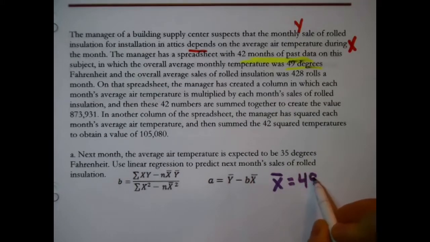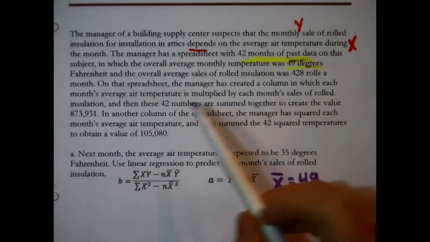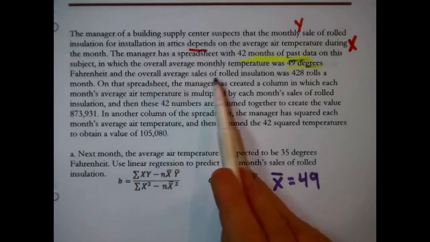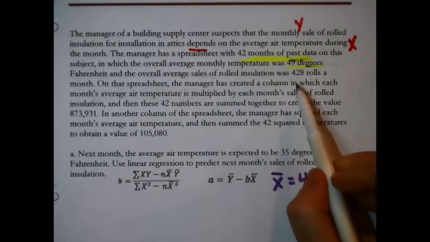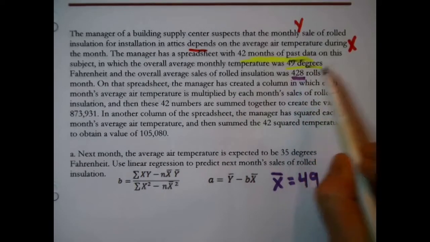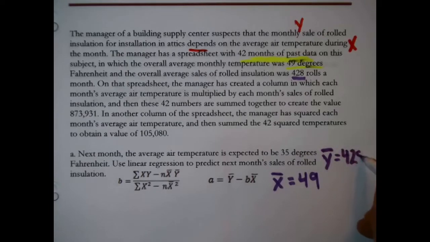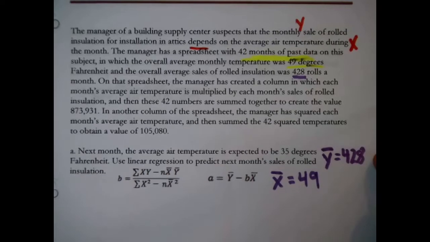What else is described here? The overall average sales for rolled insulation is 428 rolls a month. We said that sales are what we hypothesized as y, so y bar is the average sales, 428.